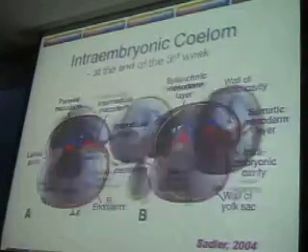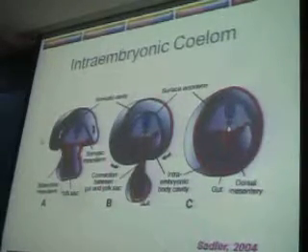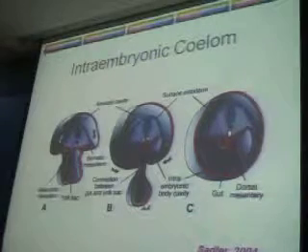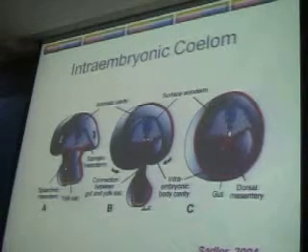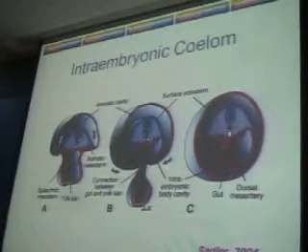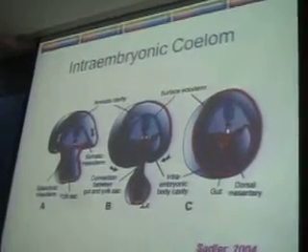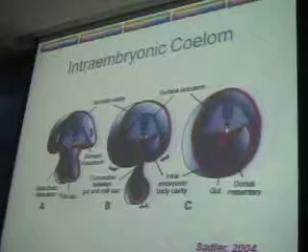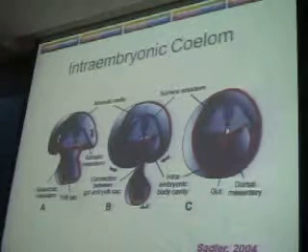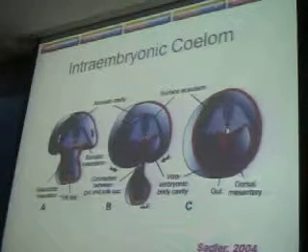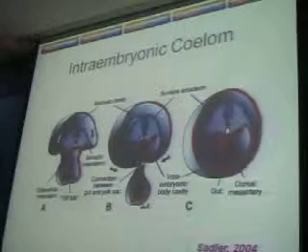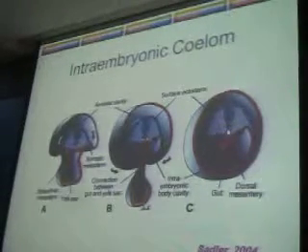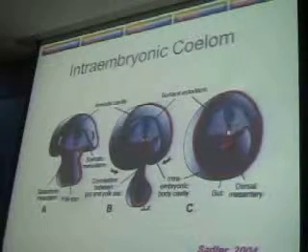So again, here it is. This is your parietal or somatic. This is your visceral or splanchnic. Okay? The lateral folds will move anteriorly here. And as it does move anteriorly, the endoderm area also encloses to form your gut tube here.